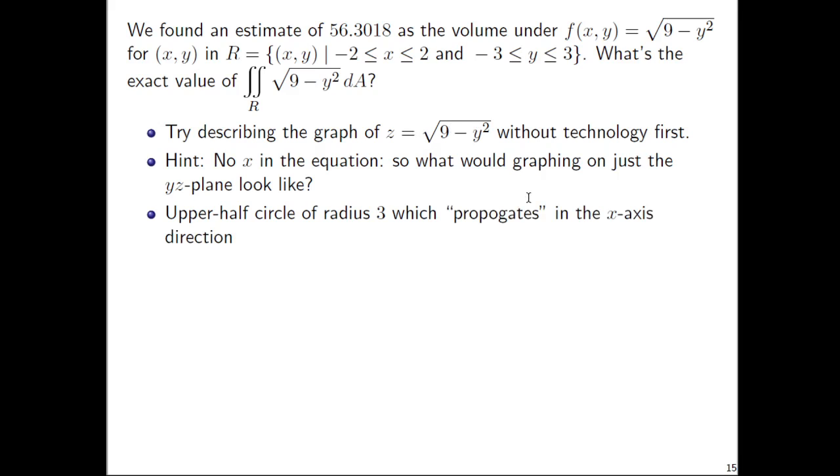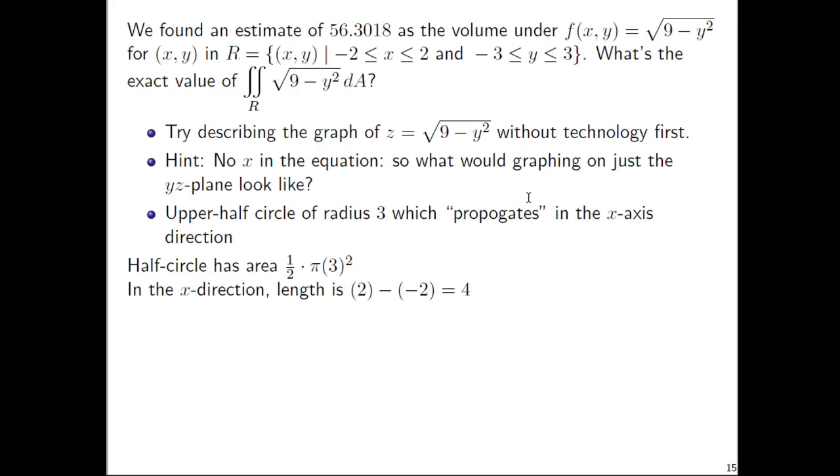Now this propagates in the x-axis direction. Let's say this is shaped sort of like an airplane hangar, if that makes sense. By the way, the shape is a half circle, so its area is 1/2 times pi r squared, so pi times 3 squared, but then half of that, right?